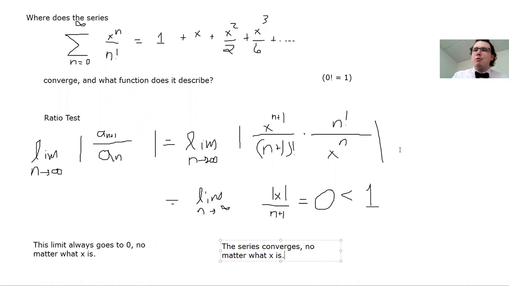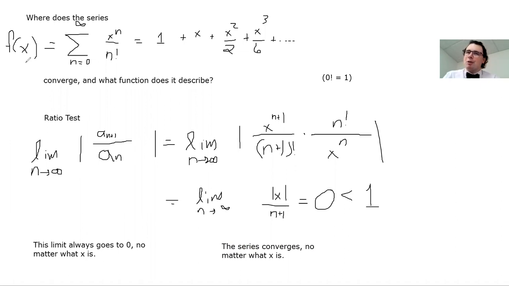So this series that I started with does define a function. I'll call it f of x, but we'll have another name for it soon enough. And this function is defined for all values of x, whatever x you want. Take 137.